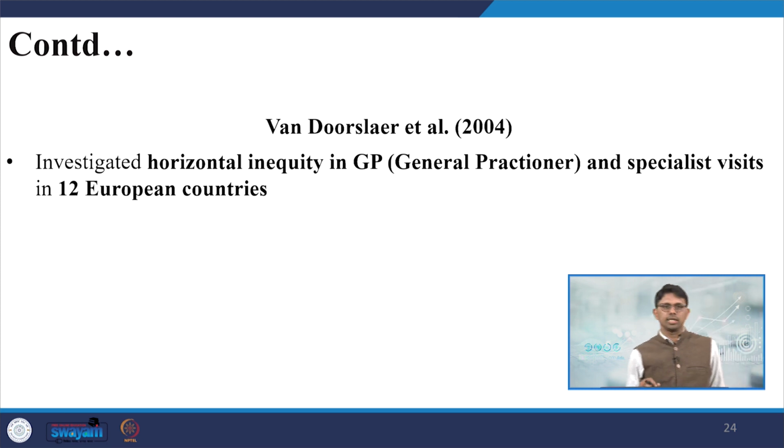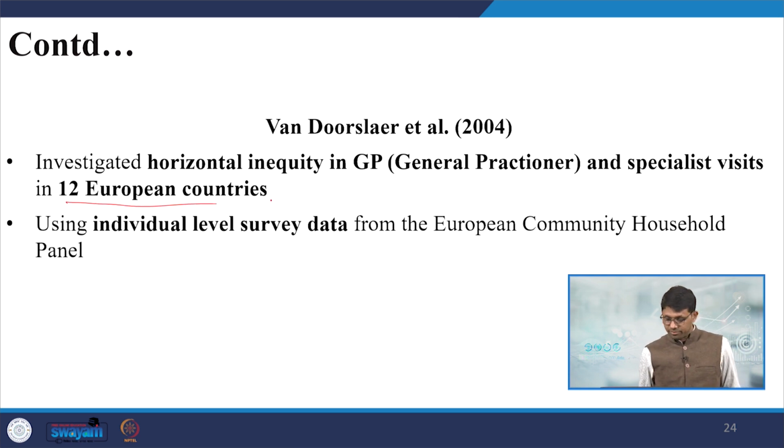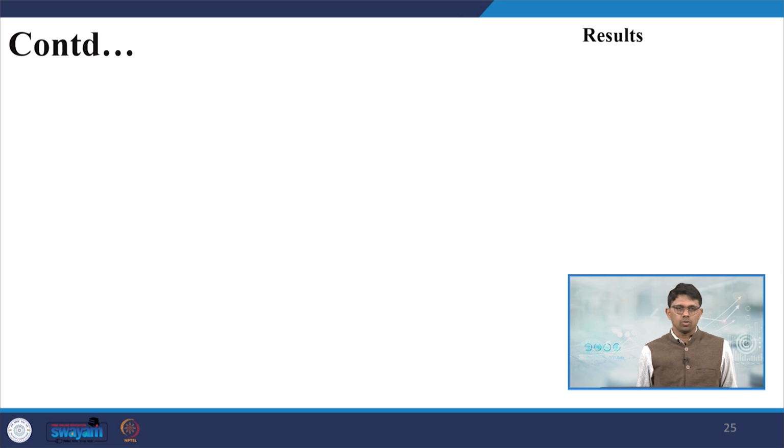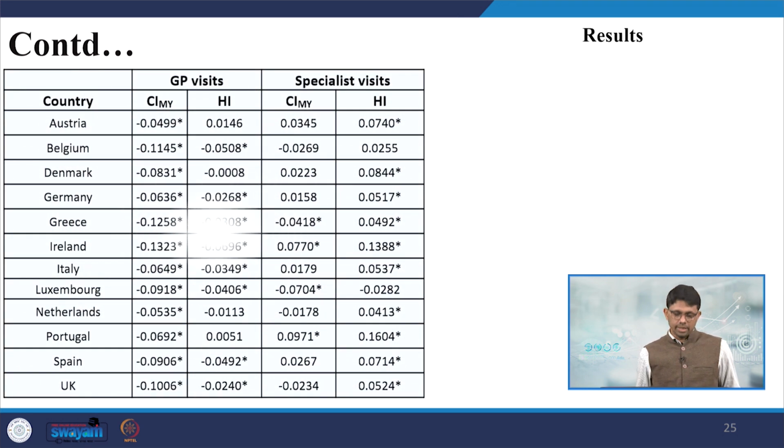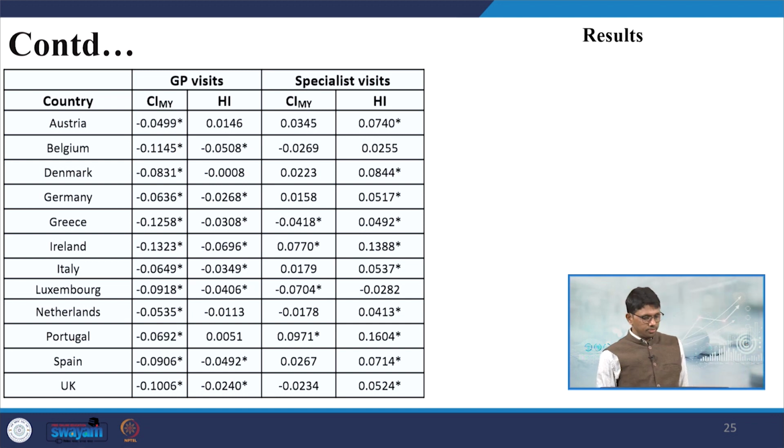Van Doorslaer et al. 2004 again investigated the horizontal inequity in this generalized form for the general practitioner case as well as for the specialist visits for 12 European countries. They derived some interesting facts, and they used the individual level survey data of the European Community Household Panel, and they derive these figures.